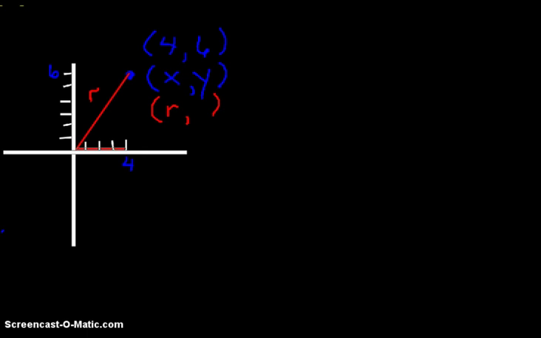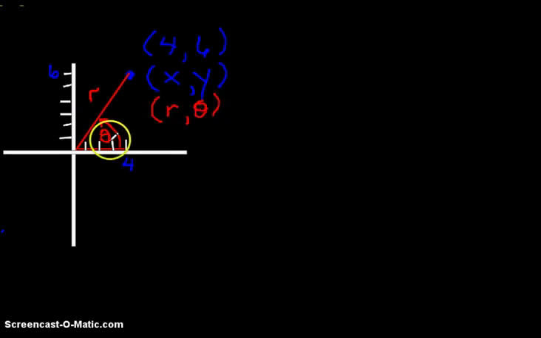Let's go back to my pencil. What size angle does this line make with this x-axis? Well, we don't know what size it makes, but we're going to call the angle theta.